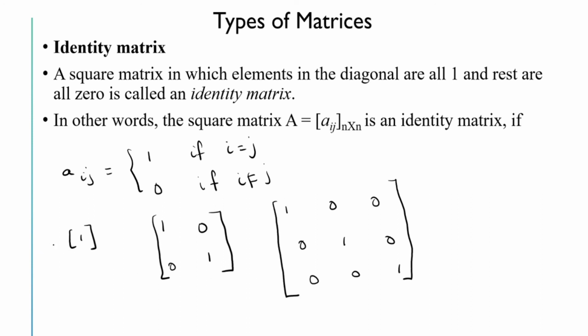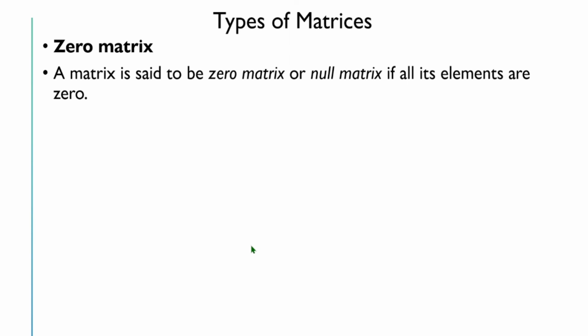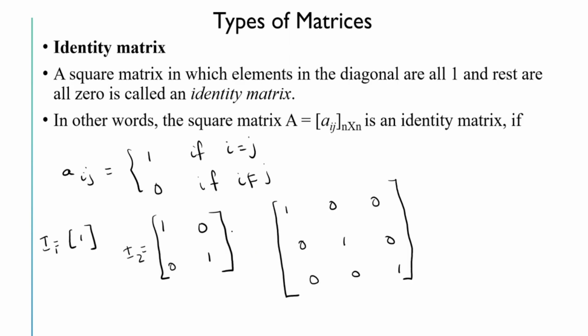An identity matrix of order 1 is represented as I1. So I1 is equal to 1. Of order 2 is given as I2. I2 is equal to 1 0 0 1. And of order 3 is represented as I3. In general, an identity matrix of order n is represented by In. So this is with respect to identity matrix.